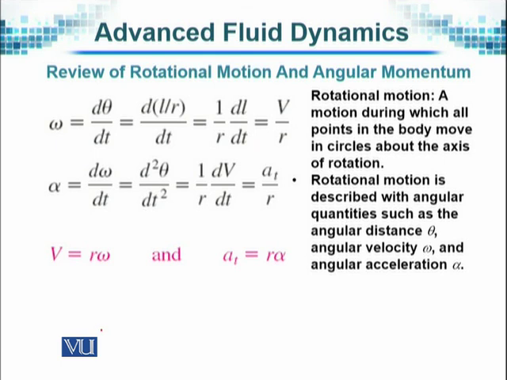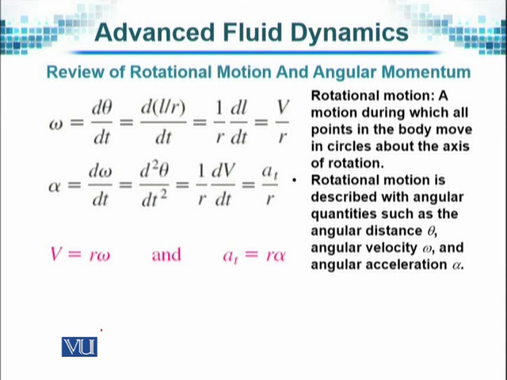So in linear velocity we have distance by time, in angular motion we have theta by t. So omega will be d theta by dt, and if theta is small enough, it can be written as L over R, where L is the arc length and R is the radius of the circle in which the motion is taking place.